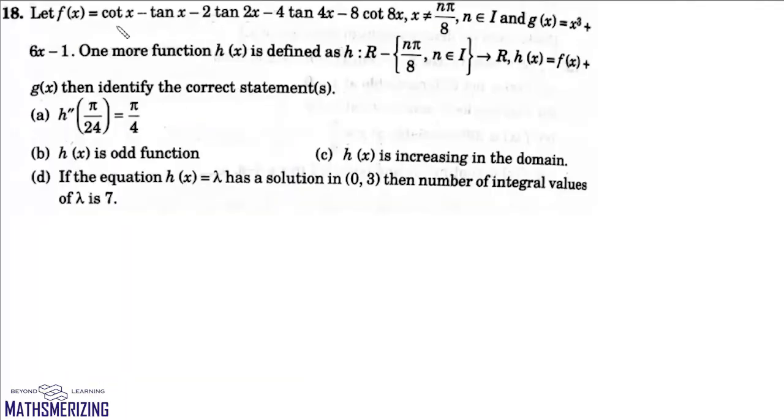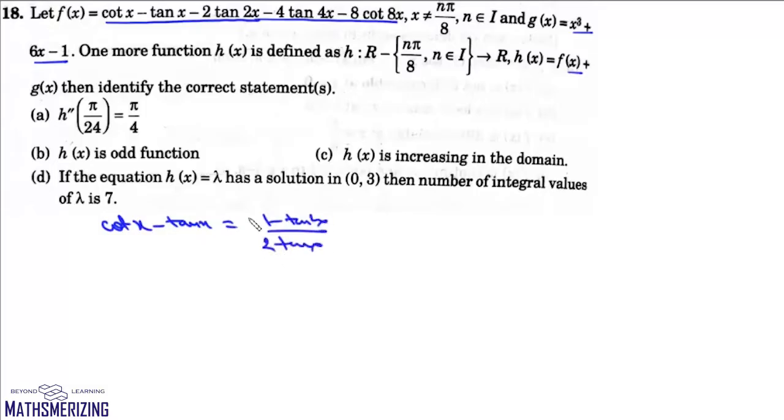Now here the question is, if f(x) equals cot x minus 10x minus 2 tan 2x minus 4 tan 4x minus 8 cot 8x, and g(x) is x cube plus 6x minus 1, and h(x) is defined as f(x) plus g(x), then identify the correct statements. Now we know that cot x minus tan x is (1 minus tan square x) upon tan x. If we multiply by 2 and divide by 2, we can write this as 2 cot 2x.